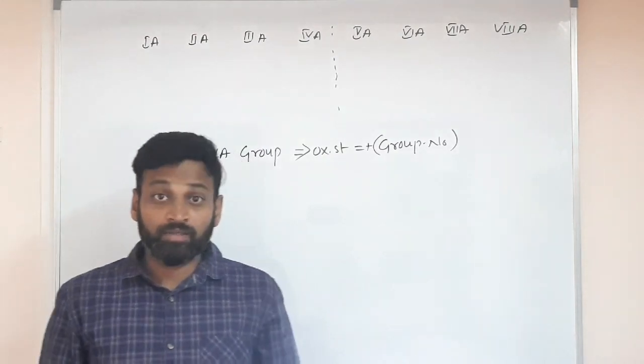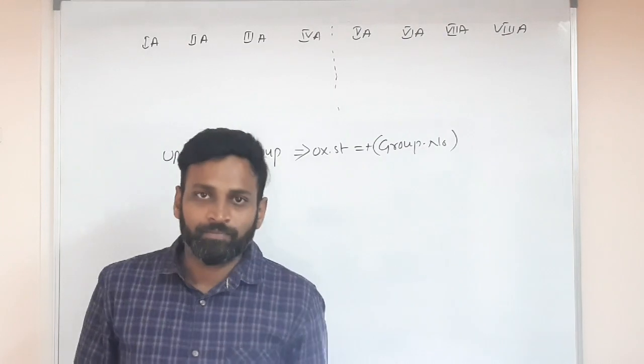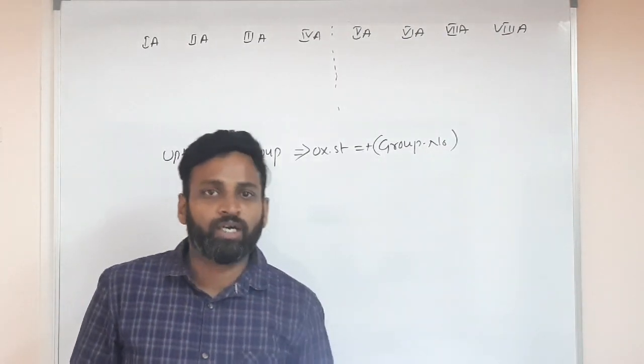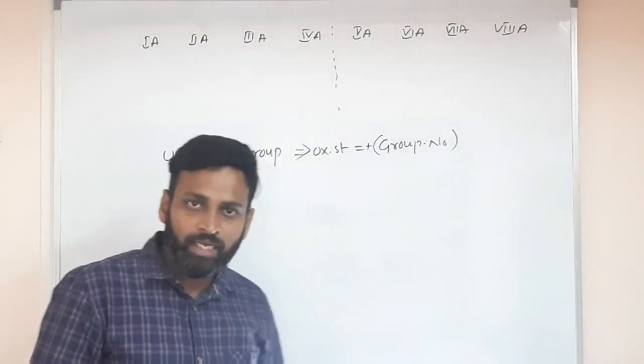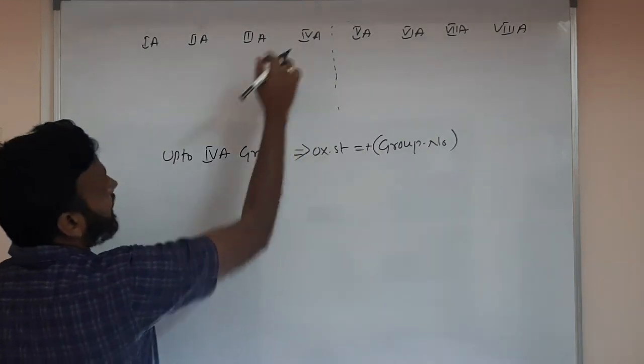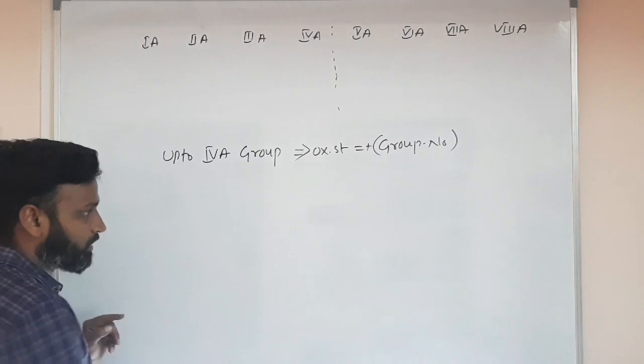But for valency, no need. Plus valency, sir, minus valency? Valency is a capacity, but oxidation state is a charge. So we have to mention whether it is a positive charge or negative charge. Very important. Up to the 4A group means up to the carbon family. 4A group is called the carbon family.